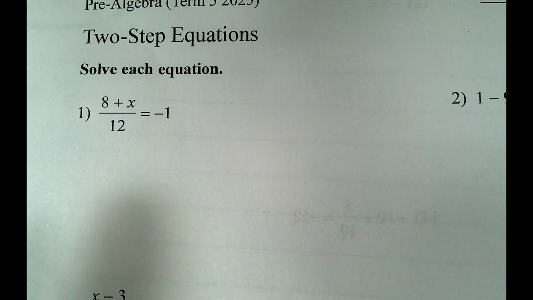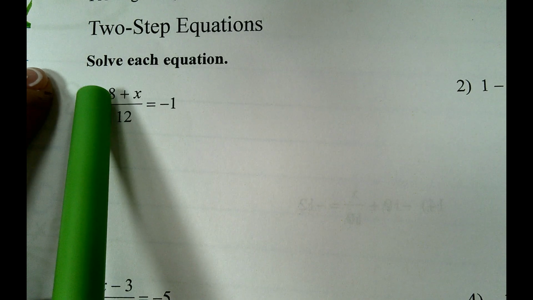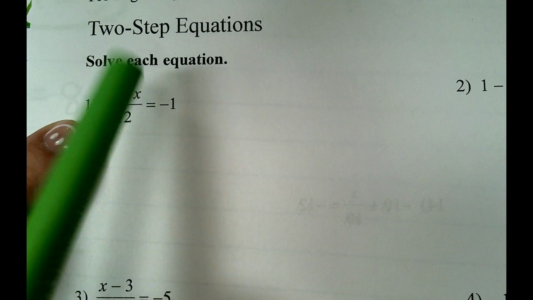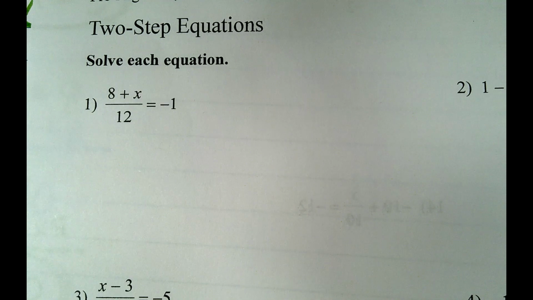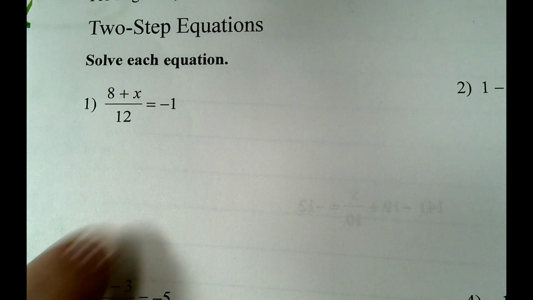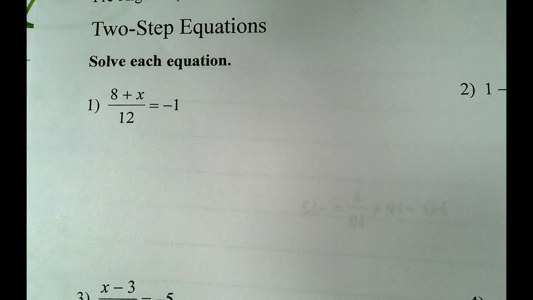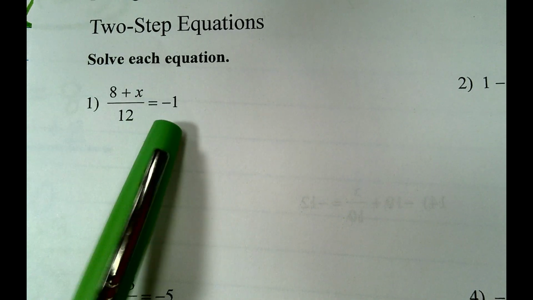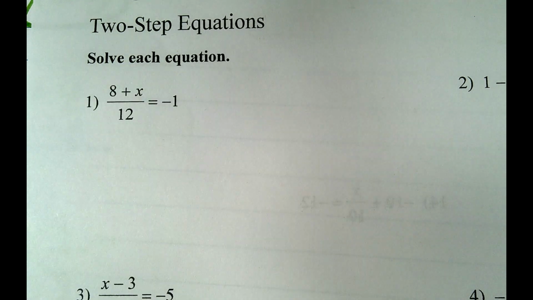Now, whenever we have something like this where this whole side of the equation is a fraction, I can't touch the top of a fraction until the fraction doesn't exist anymore. Okay, so this is where we would have an exception to our rules. I can't subtract 8 from 8 plus x over 12 because x is not by itself yet.